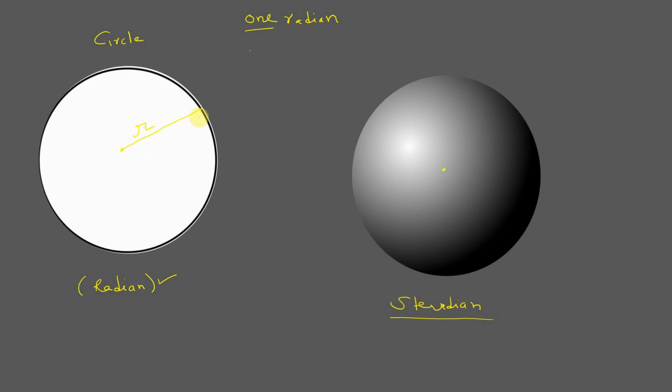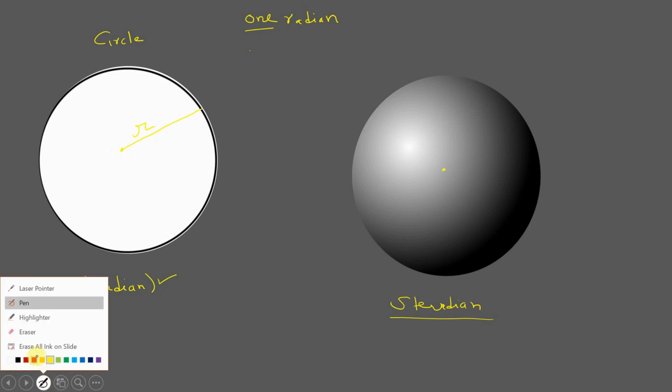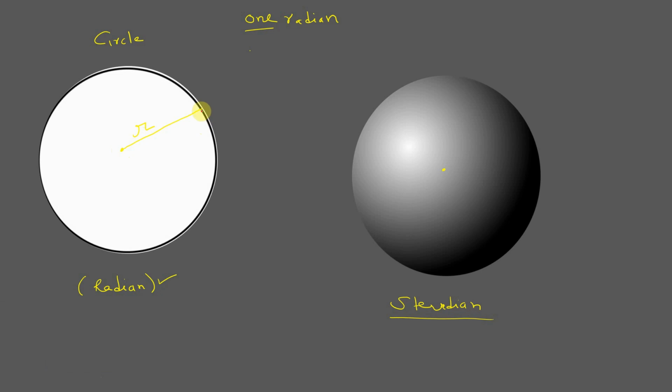Let us take an arc here. If this length is r, then this angle is 1 radian.